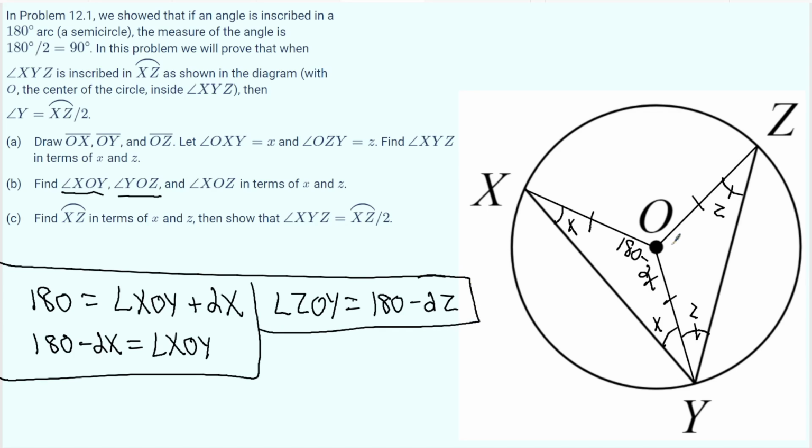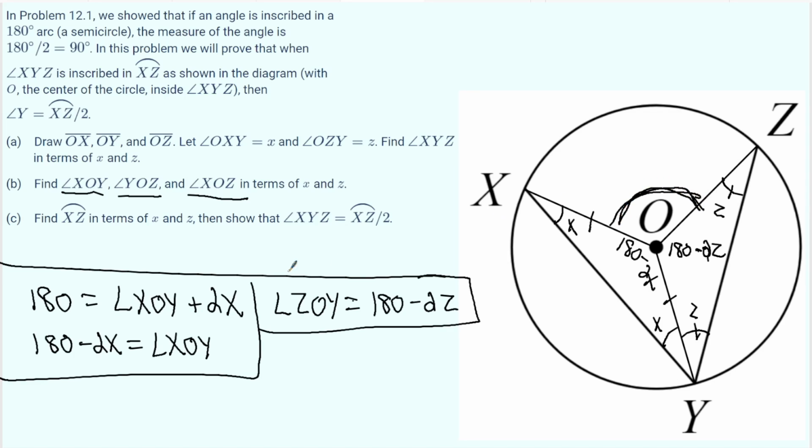Okay, so now we have an expression for that angle: 180 minus 2z. It's a little cramped writing everything in there, but that's what our angle ZOY is. So now we want to find out an expression for XOZ, which is this angle right here.